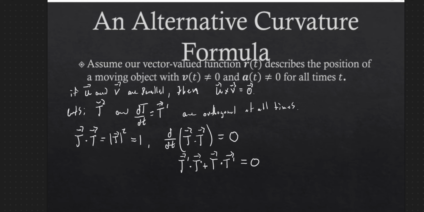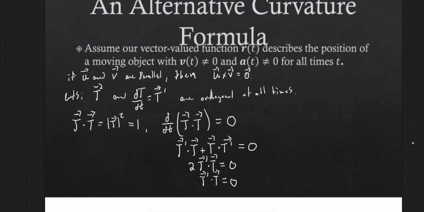I know dot products are commutative, so this is 2 T prime dot T, equal to 0. I divide both sides by 2, so I recover that T prime dot T is equal to 0. And remember, if I take a dot product between two vectors and find that it's 0, I know that these are orthogonal.